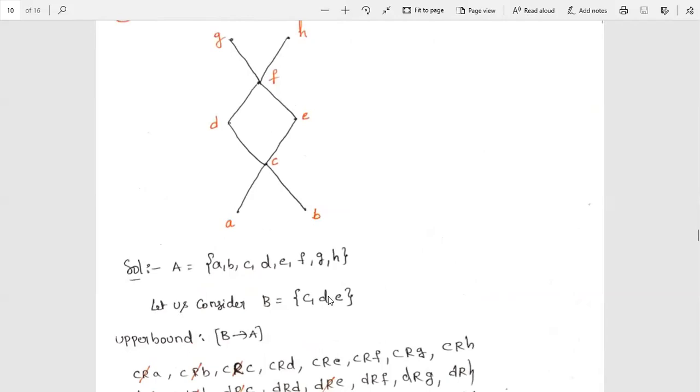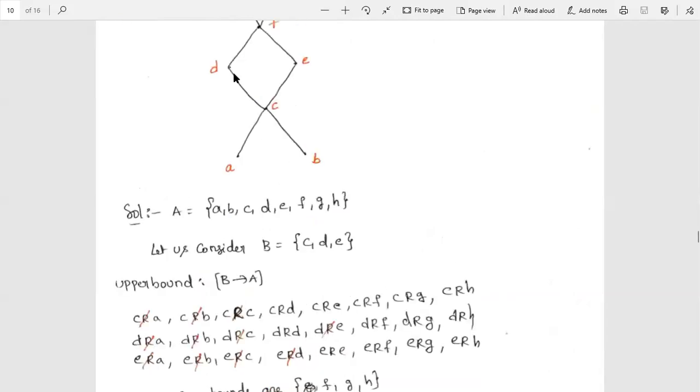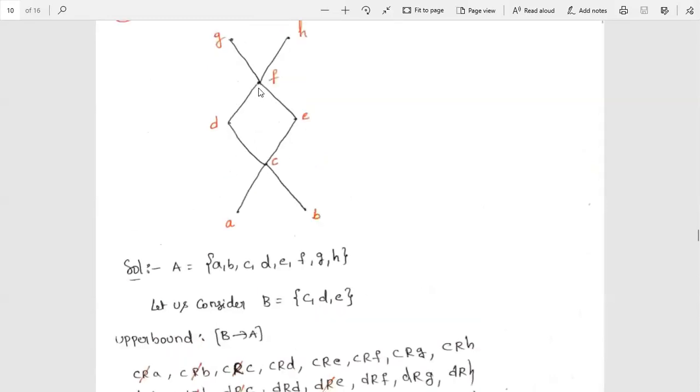And we go for the D element. D is not related to A, B, C, and E. D does not have a path to E. D is related to itself, so D is related to D, and D does not have a relation with A, B, C, and E. D is related to F, and D is related to G, and D is related to H. Okay.